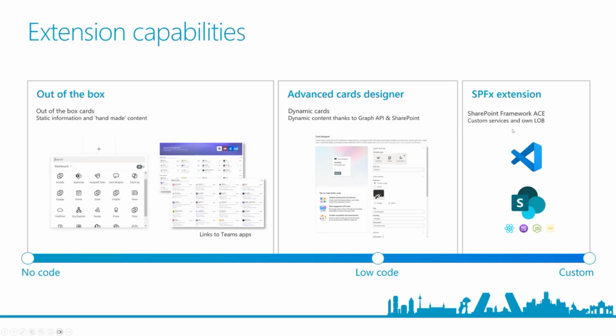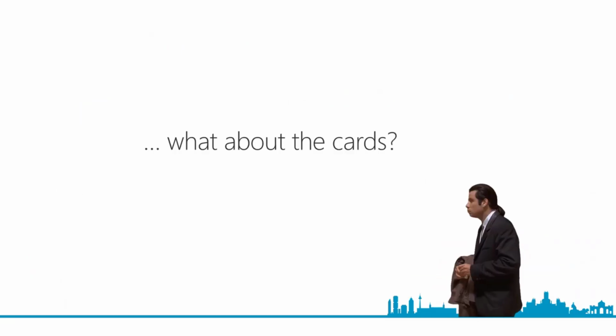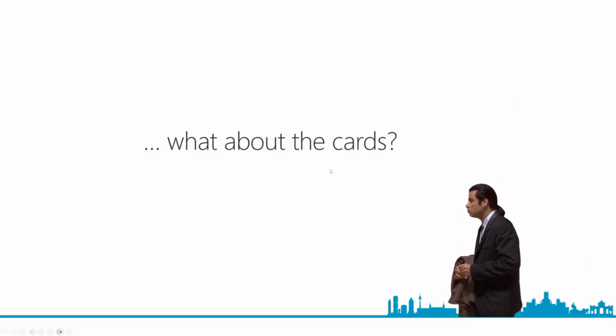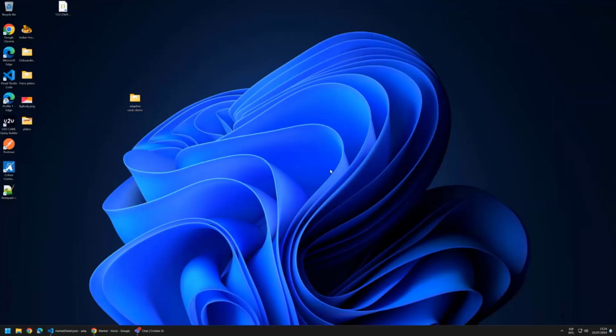You can make whatever you want with them. You can integrate custom services and whatsoever. So as I said, I don't want to waste much more time with the presentation. So where are the cards? Let's try to share some code here.